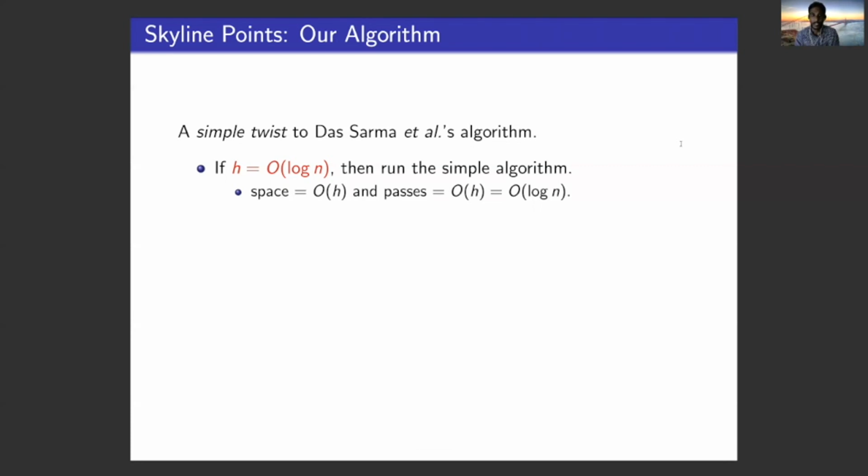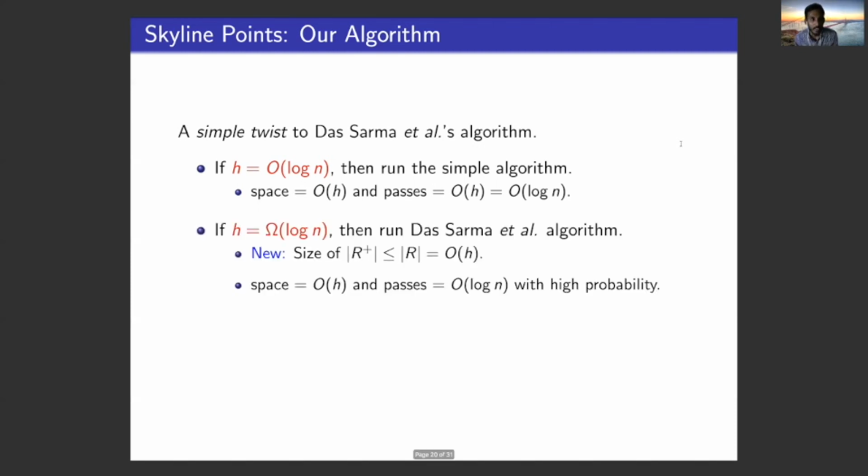Just run a simple algorithm that I described before, which finds one skyline point per iteration. So the space occupied by that algorithm was order of h, which is great. And the number of passes it performs is order of h, which is okay in our case because h is anyways order of log n. And so the number of passes is still within our bound of order of log n. That's what we are targeting.